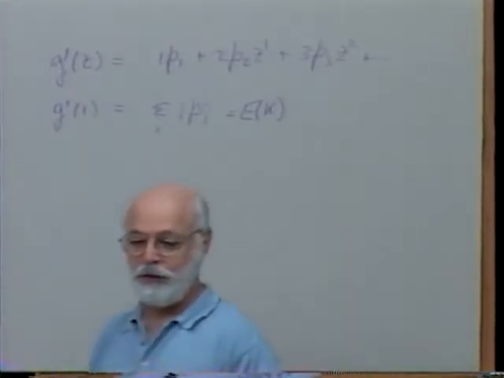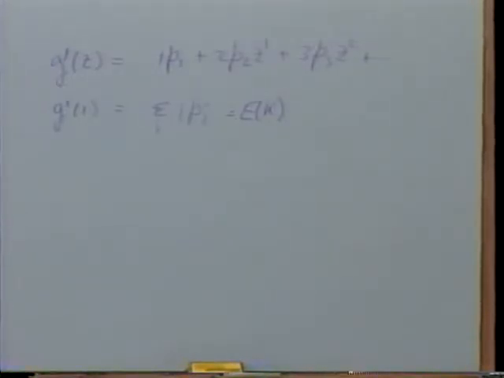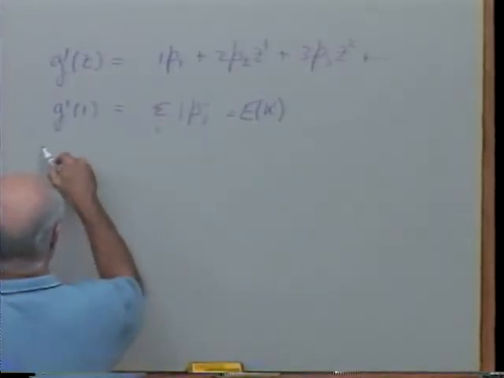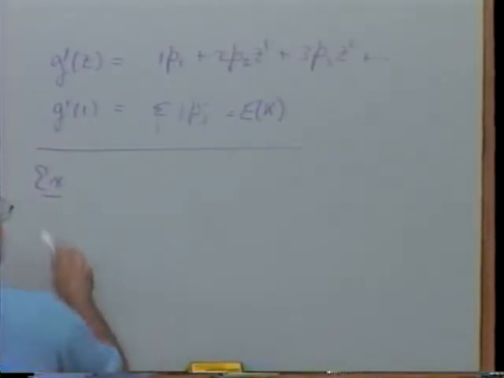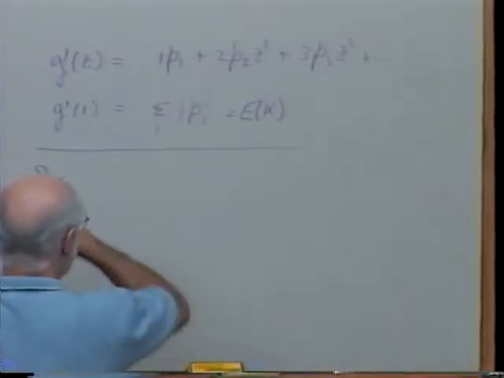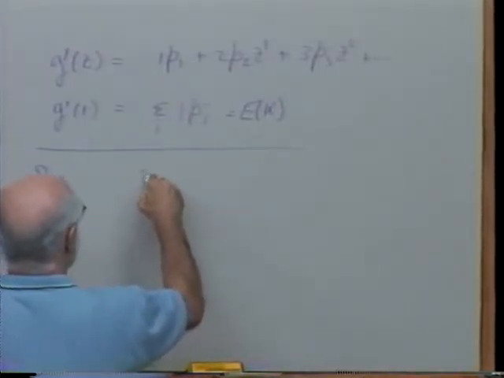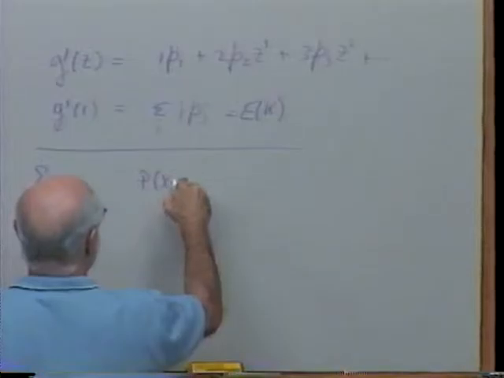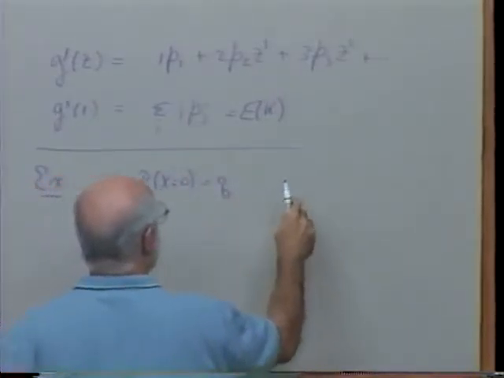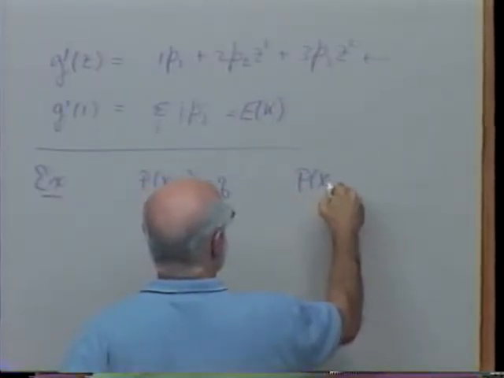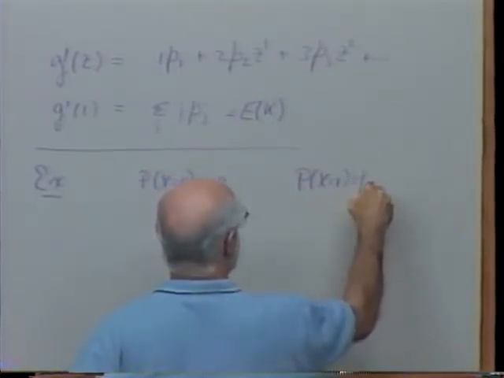All right, so let me give a couple of examples of generating functions. The first one is for the Bernoulli random variable. Of course, these are the most trivial examples to start out. Suppose I have a random variable x, and I say the probability that x equals 0 is q, and the probability that x equals 1 is equal to p.